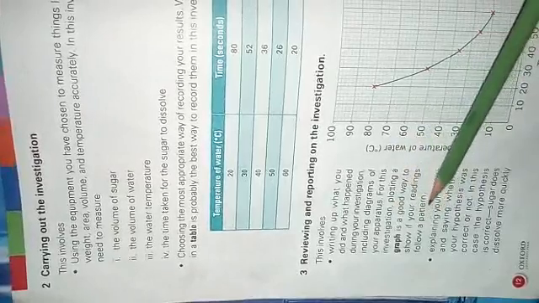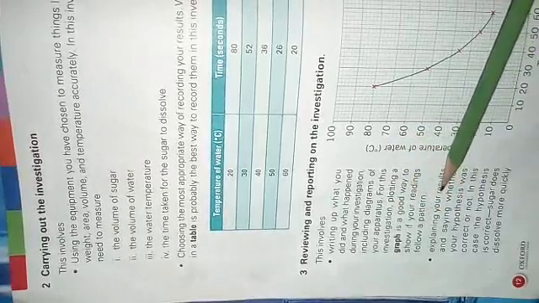Today we are discussing the third step, which is reviewing and reporting on an investigation. This involves writing up what you did and what happened during your investigation, including diagrams of your apparatus. For this investigation, plotting a graph is a good way to show if your readings follow a pattern.